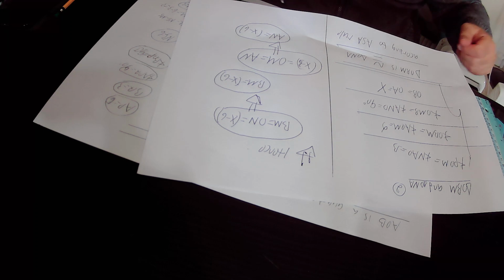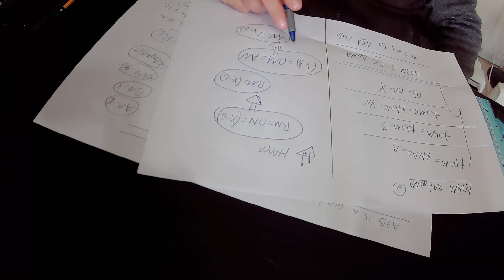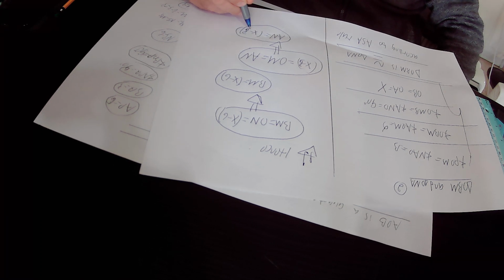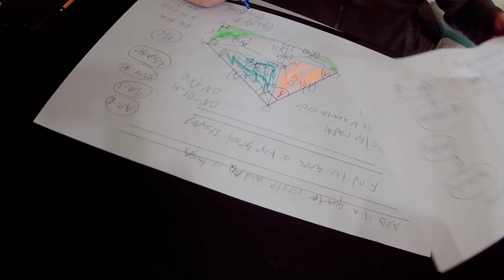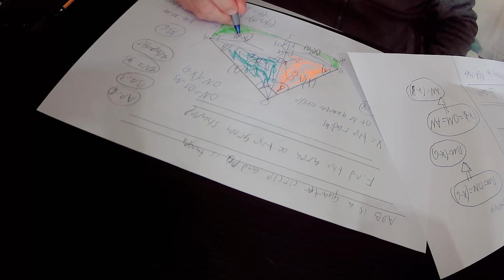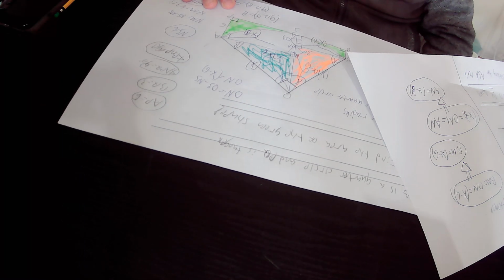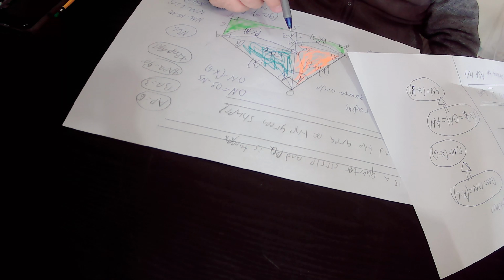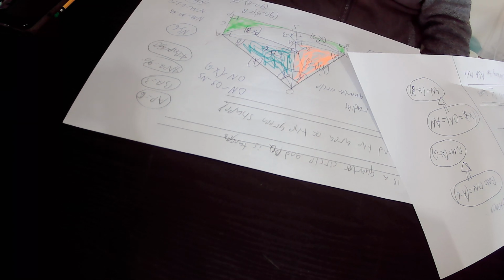And therefore, from this equation, X minus 3 equals OM equals AN. We derive that AN is also equal to X minus 3. So I'll copy the right orange triangle in a new page, and we will implement on this right orange triangle the Pythagoras theorem.